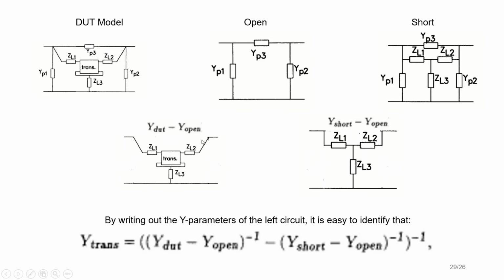And if we were to subtract the Y parameters of the open network from the Y parameters of the short network, we would be left with a network as shown on the bottom right. By writing it out mathematically, we can easily prove that the Y parameters of the transistor alone are given by the expression as shown below.